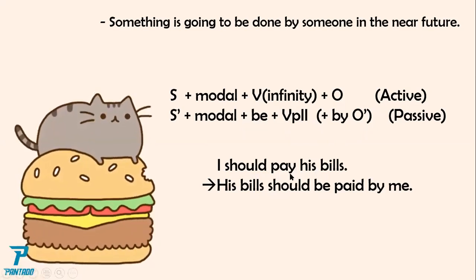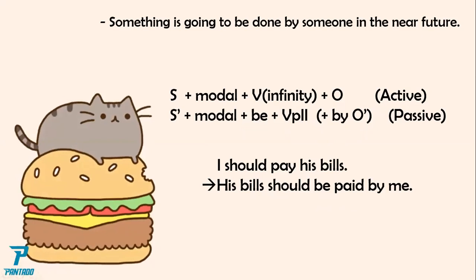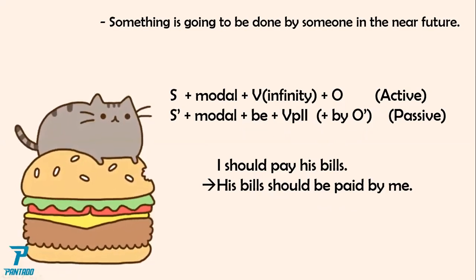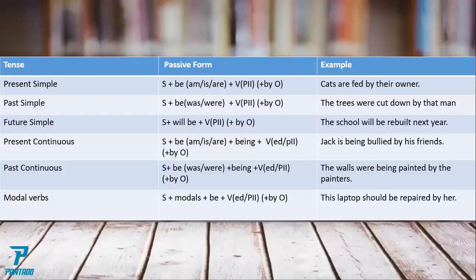Then we can say his bills should be paid by me. But by me is super weird. Sometimes we can say by an object, but sometimes we don't need. It is not very necessary.